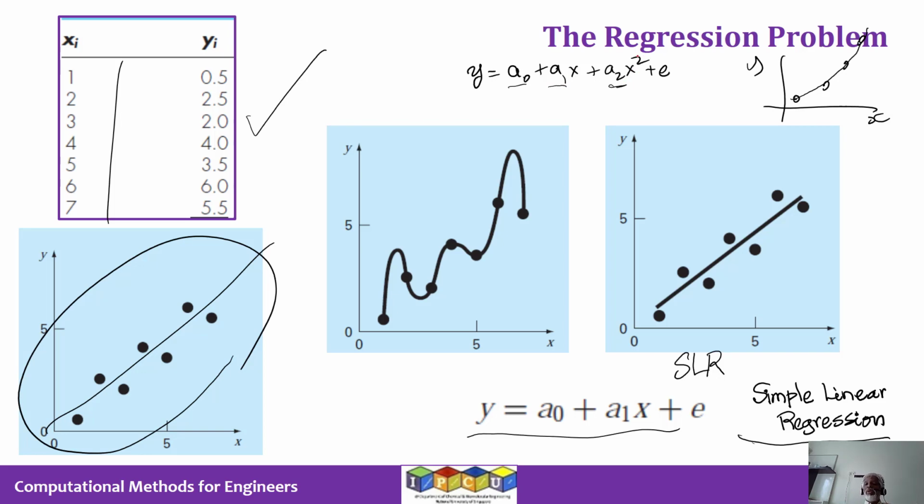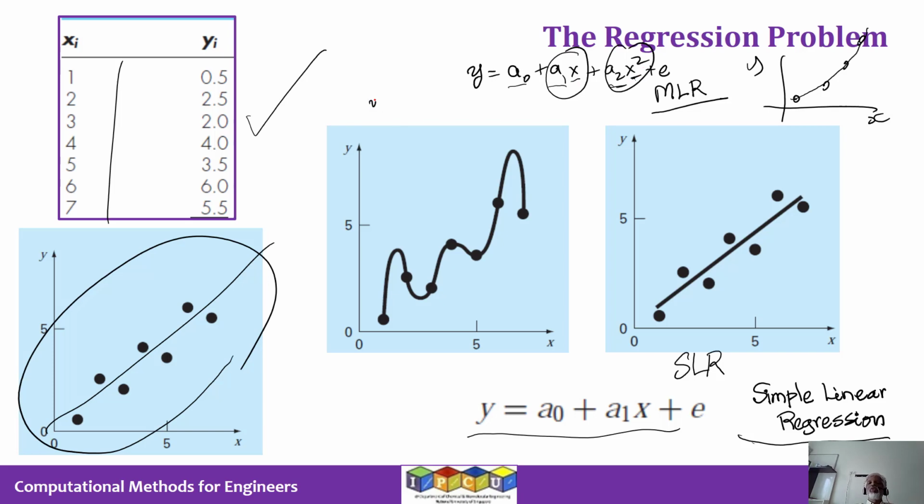So this would not be called simple linear regression any longer. The mathematical machinery is the same, as we shall see later, but this would be called multiple linear regression or MLR, because you're going to have multiple X variables, so to say. So this x behaves like x1, and this x squared behaves like a new variable x2.